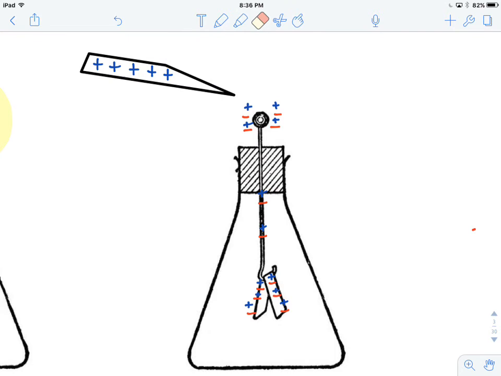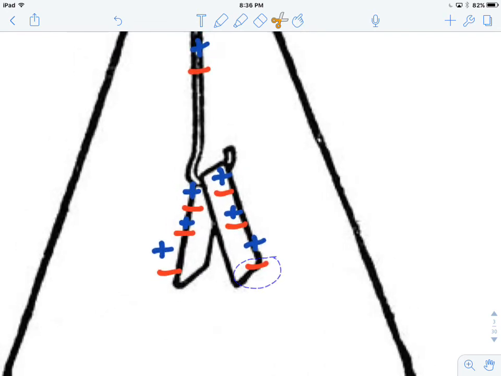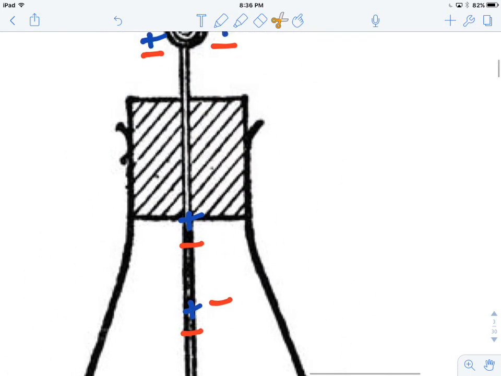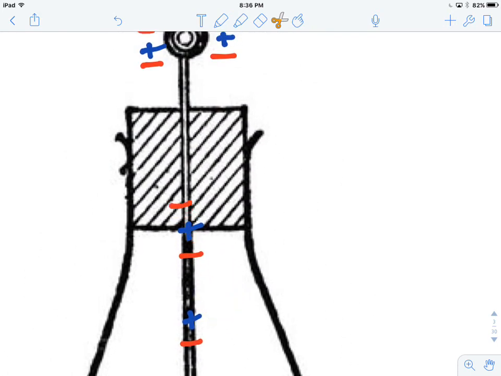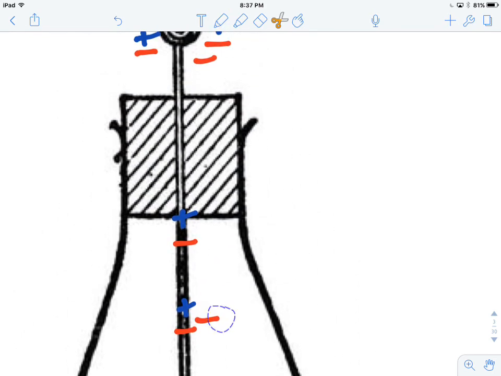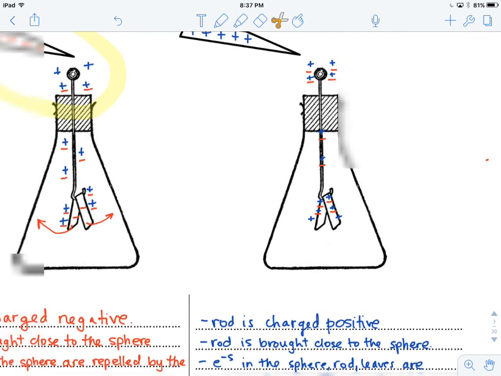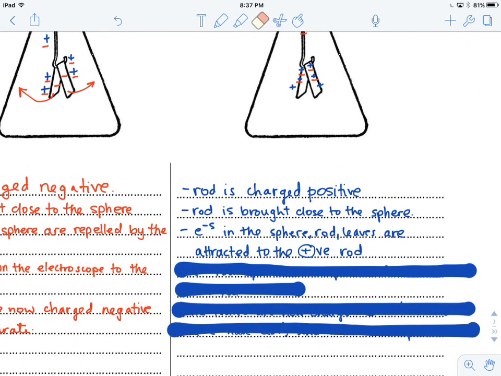Which means that some of the electrons will travel up through the electroscope and end up up here at the top. So let's write that out.